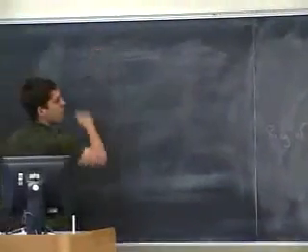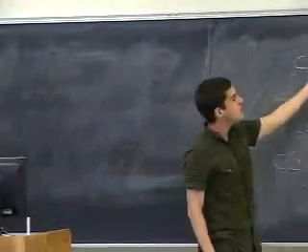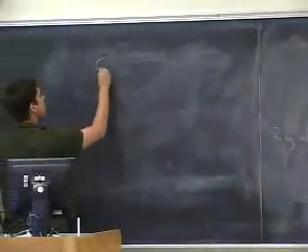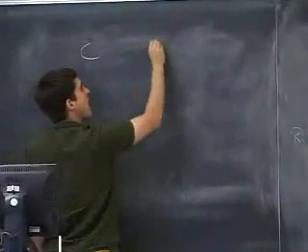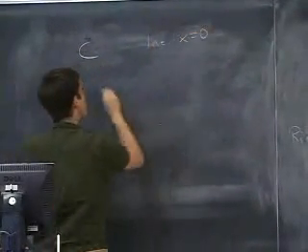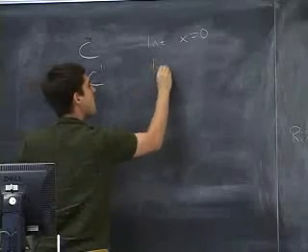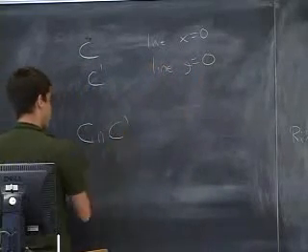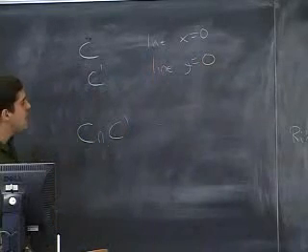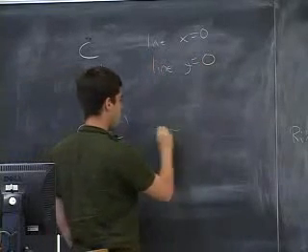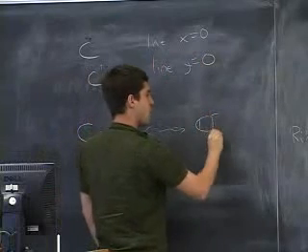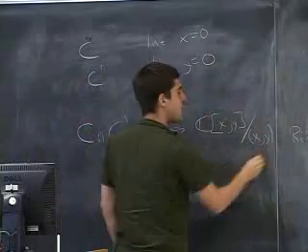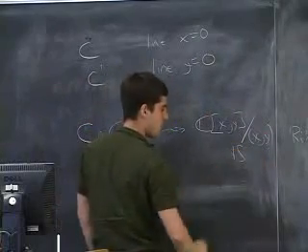So first, let's consider the example where C and C prime meet transversely at the origin. So let's say C is the line where x equals 0, and C prime is the line where y equals 0. Then functions on C intersect C prime would be like taking this polynomial ring in two variables and setting both of the variables equal to 0.